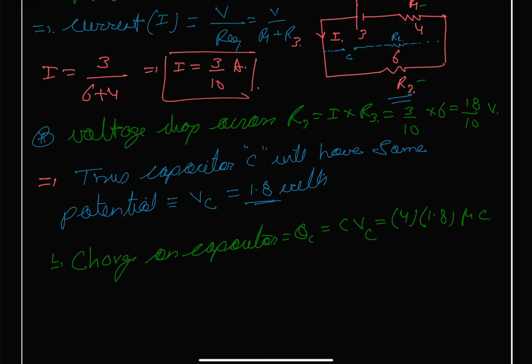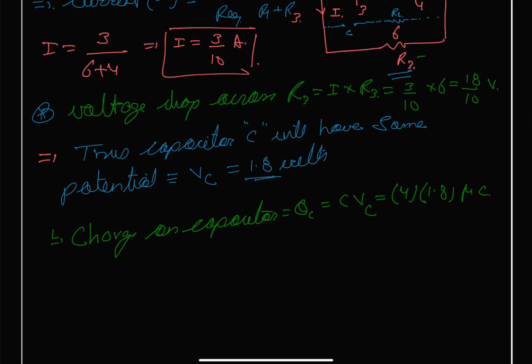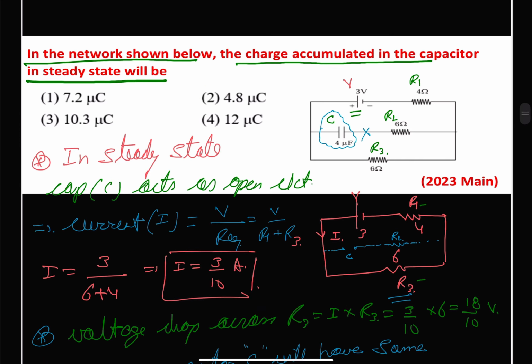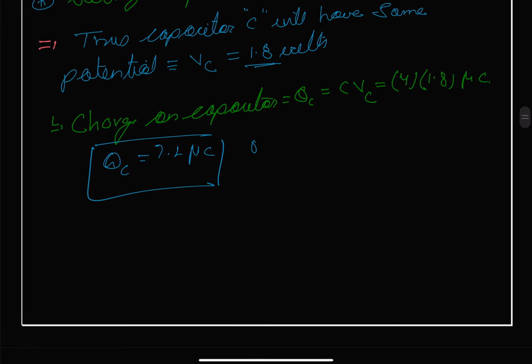So we get the charge on capacitor C is equal to 7.2 microcoulomb. So option number 1 is correct. Next question.